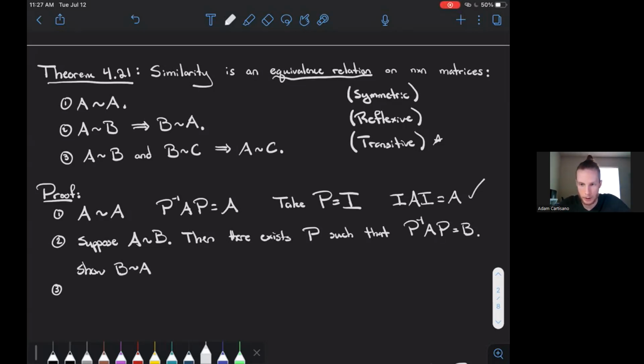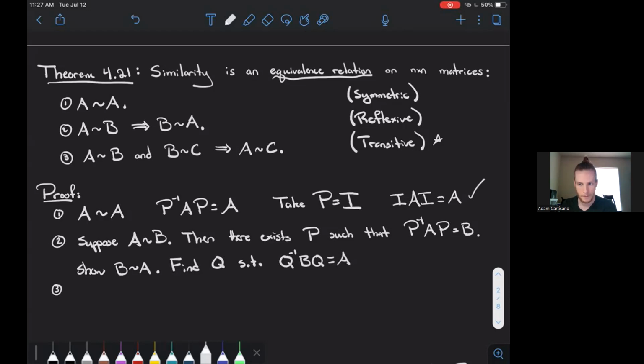Now you might think, wait, we're done. No, not quite. We need to find some invertible matrix Q such that Q inverse B Q is equal to A. That's not quite the same as what we're given by hypothesis, right?